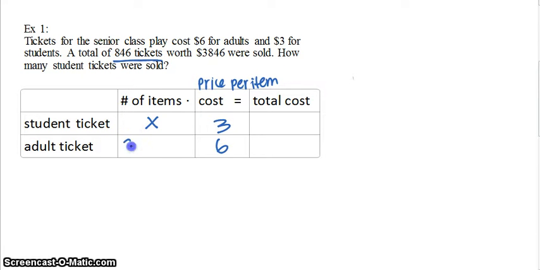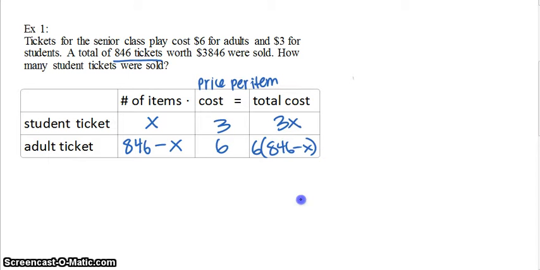So that's why it's going to be 846 minus X. Now, how do we find these two? All we do is multiply across. So X times 3, which we'll say is 3X, and then 6 times, in parentheses, 846 minus X.